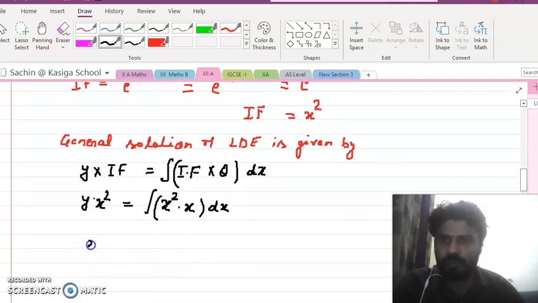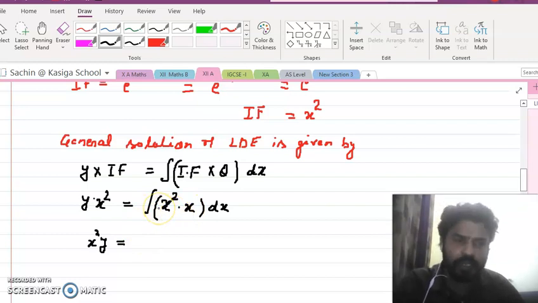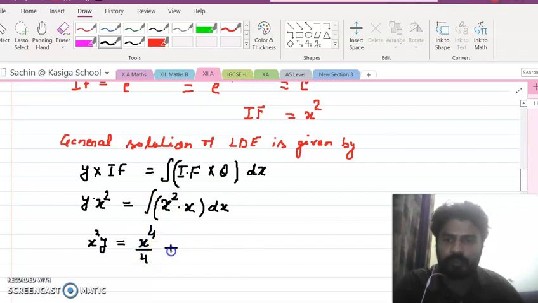Let's integrate. This is x square y is equal to, this becomes x cube, and when we integrate x cube, we get x to the power 4 upon 4 plus c. Divide the entire equation by x square.